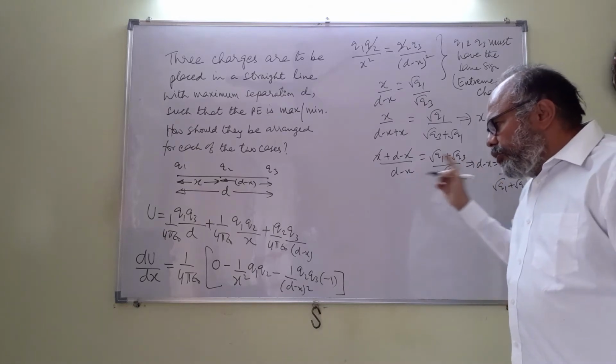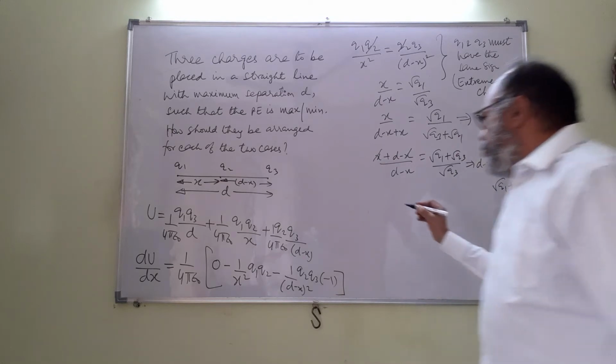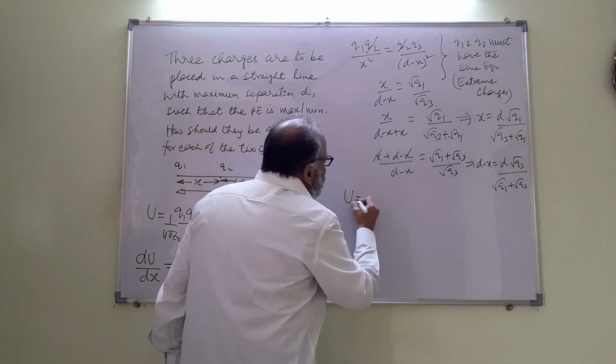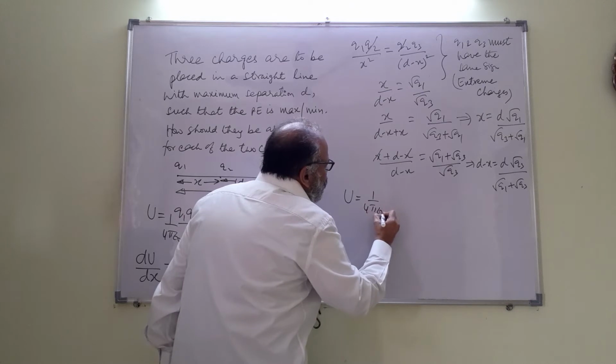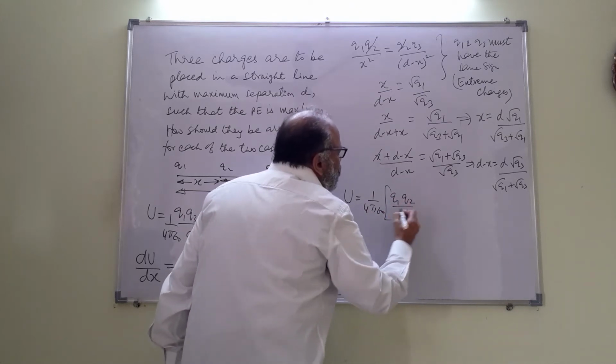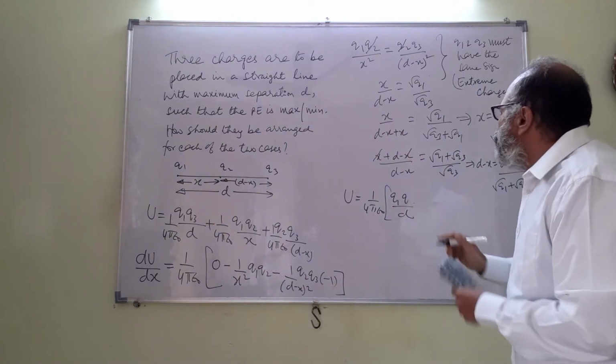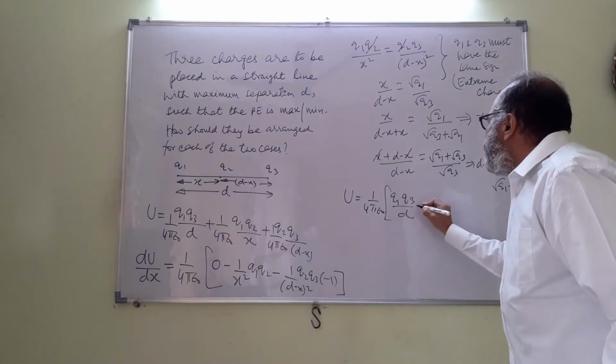So let us put this in the expression for the potential energy. The potential energy U would be 1 by 4 pi epsilon naught, which is common, Q1 Q2 by x plus Q2 Q3 by d minus x, plus Q3 Q1 by d.